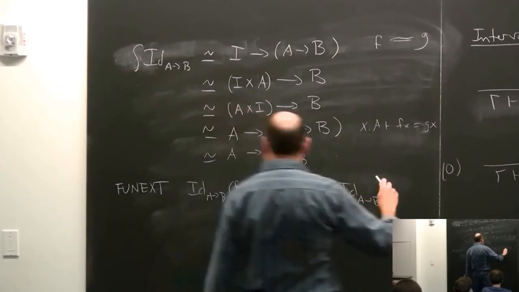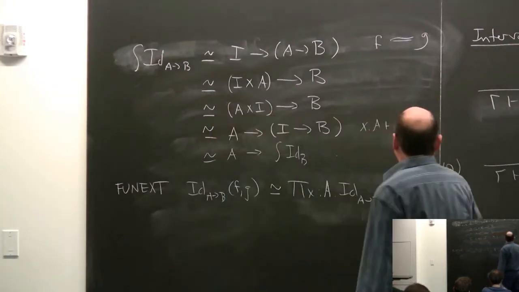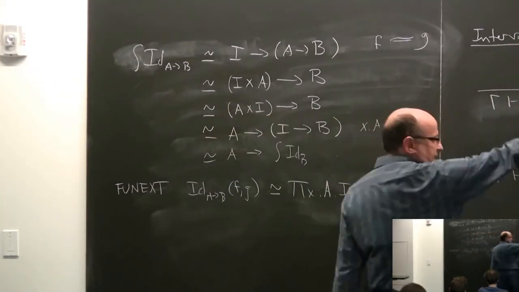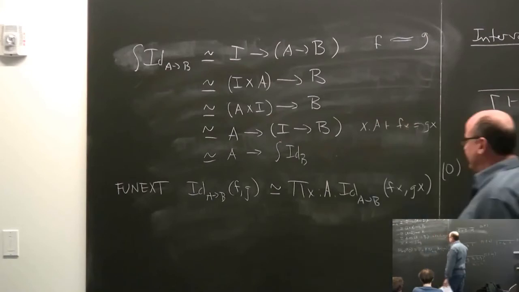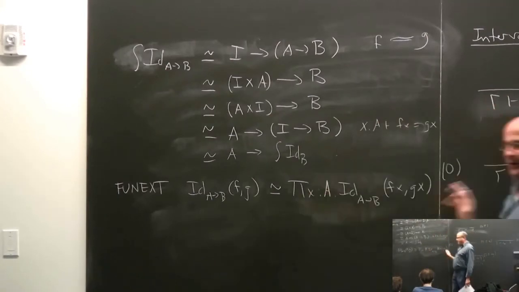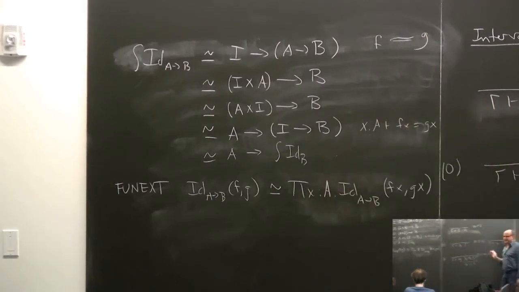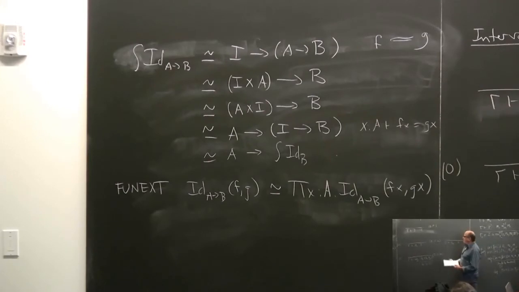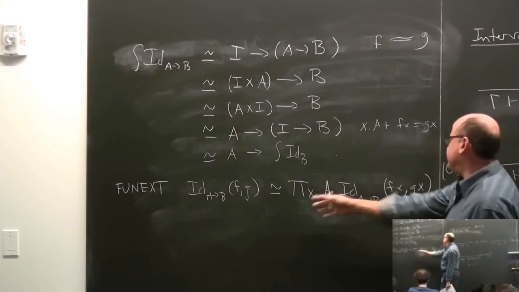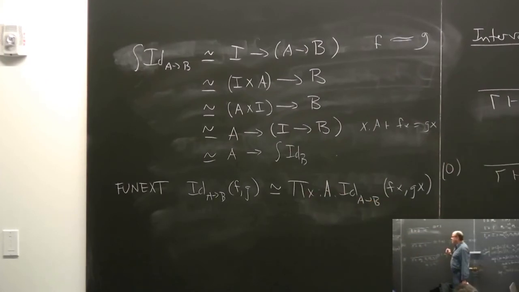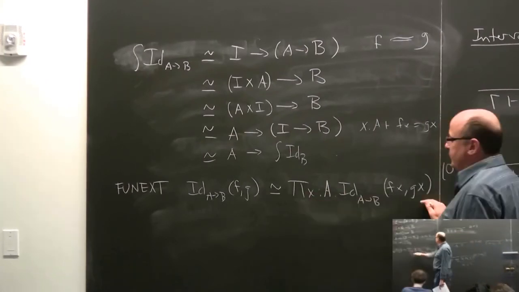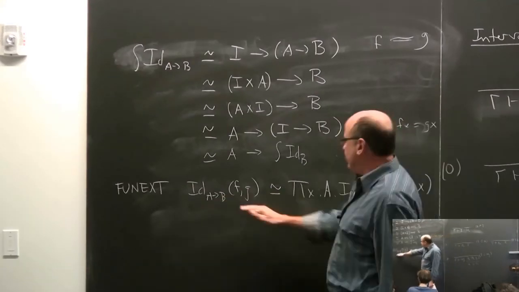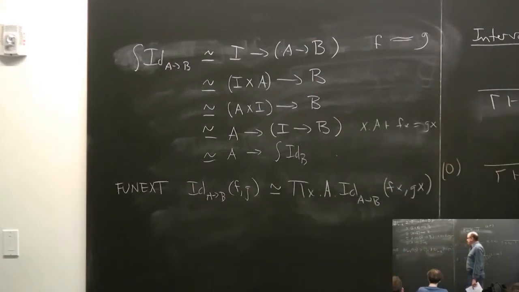Depending on your personal preference, if you had a prior notion of homotopy in terms of mapping out of the interval, it now makes sense for me to call that a homotopy. That's the point I wanted to make. Otherwise, if you didn't have that prior notion, you just thought, well, that's the definition of a homotopy. So the idea is that a homotopy between F and G is a path between F and G. There's an equivalence between them.